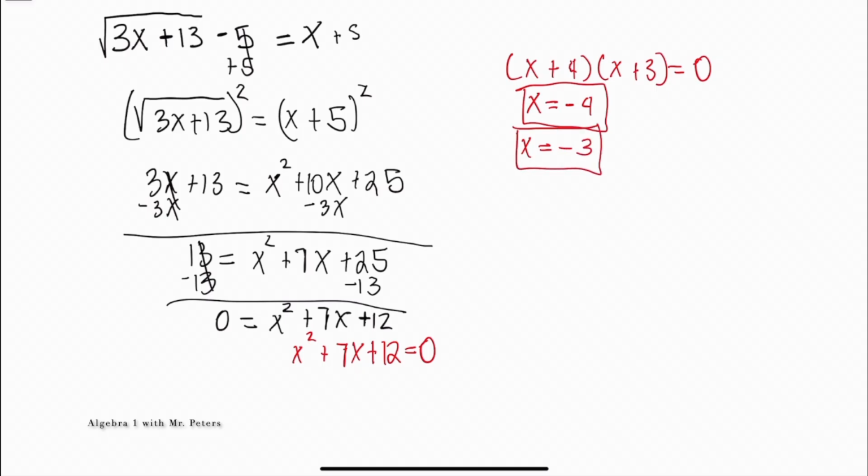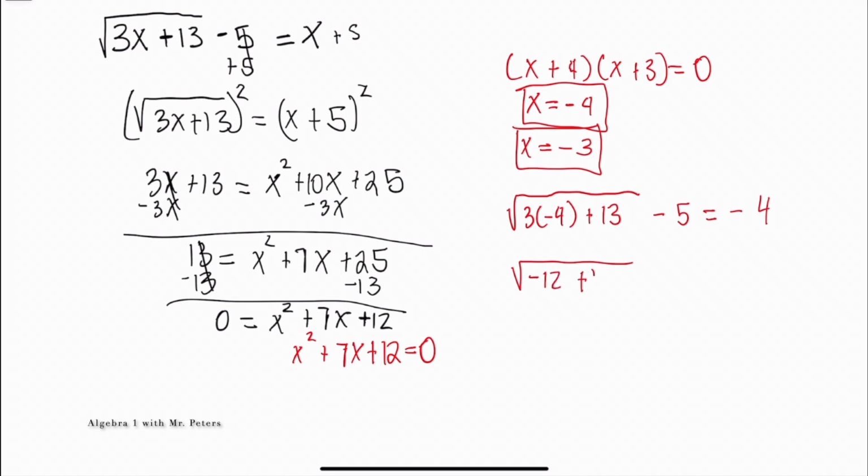So let's say we plug this back in now, and we started off with -4. So now we have -12 plus 13 minus 5 is equal to -4.